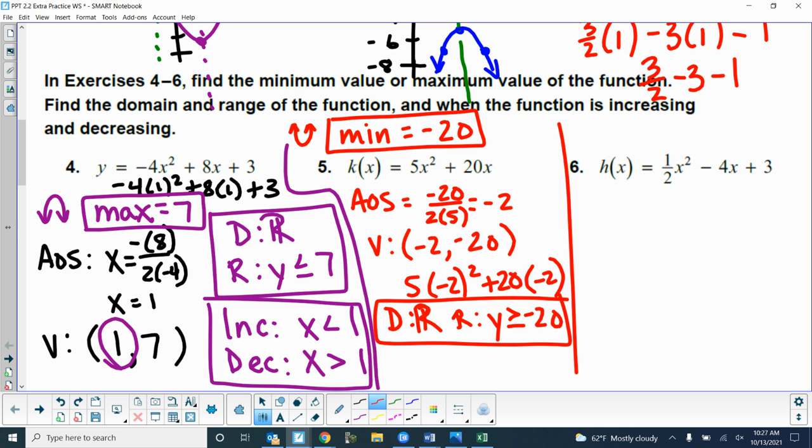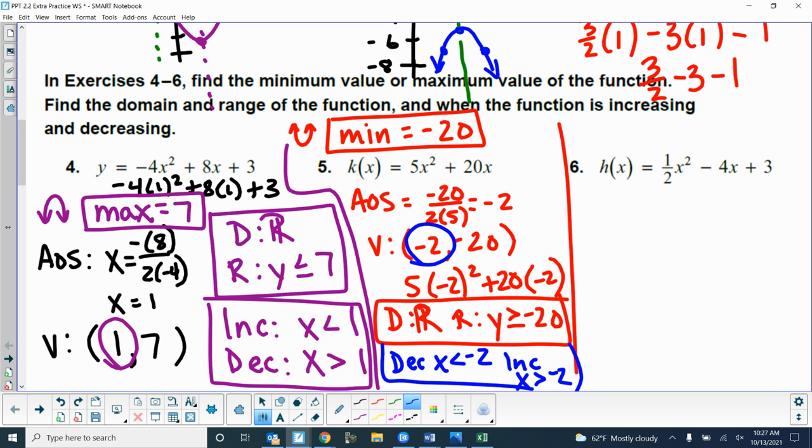Again, we're looking at the x value. So it decreases when x is less than -2, and it increases when x is greater than -2. Question.